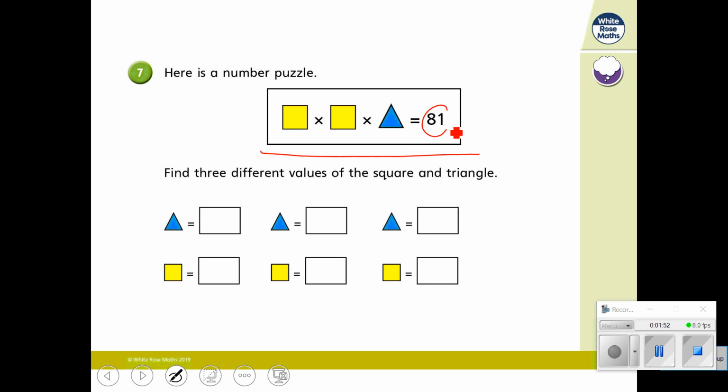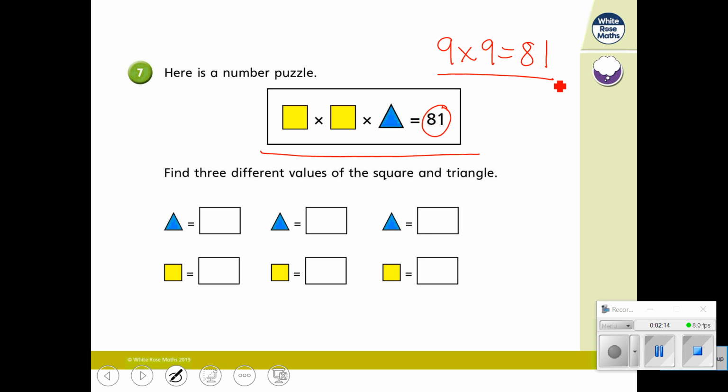I know that I've got 81, and there is something very, very special about the number 81. Do you know what it is? That's right, it's a squared number, and I know 9 times 9 equals 81. So I am going to use that knowledge to help me answer my question.